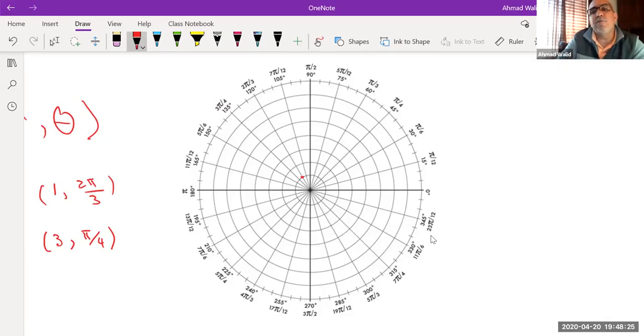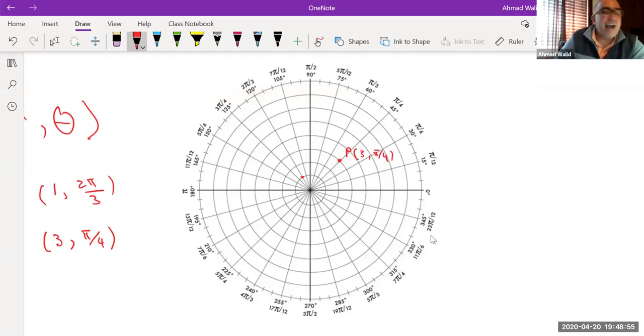Here is your π/4. π/4 and 1, 2, 3, hopefully here, right? My eyes are kind of moving, even I cannot count. 1, 2, 3, yes. (3, π/4) is here. That's your point P, correct? P, 3 and π/4.